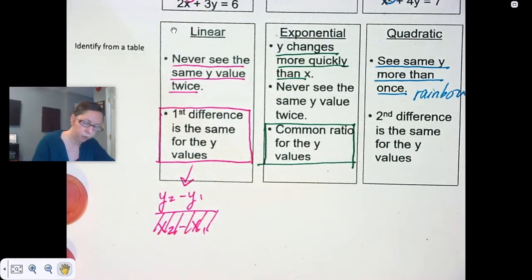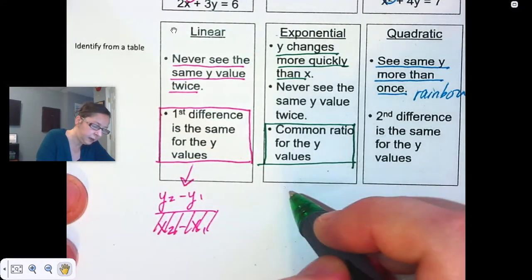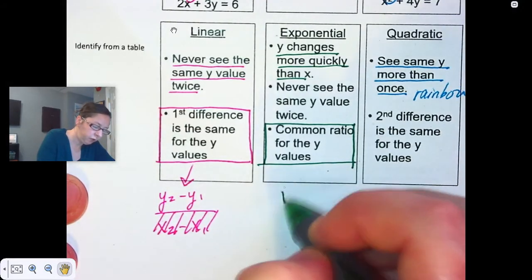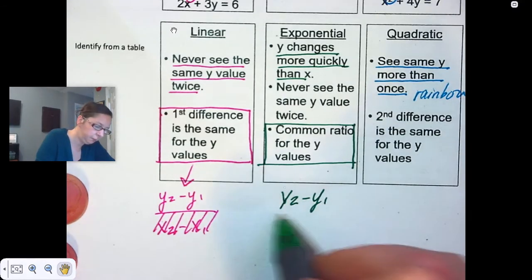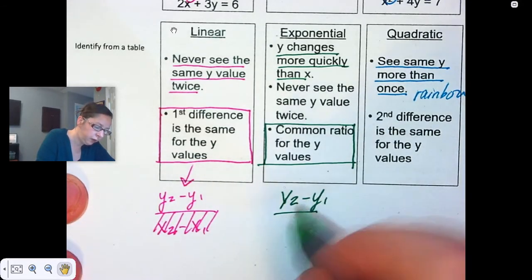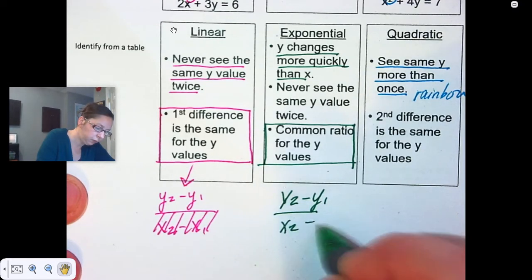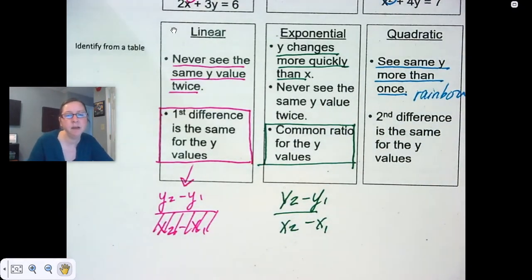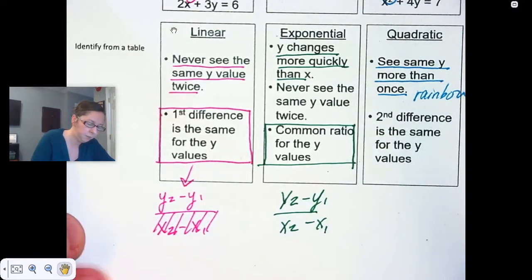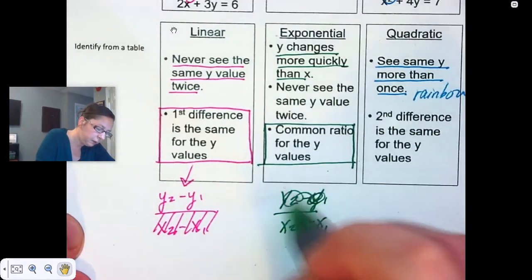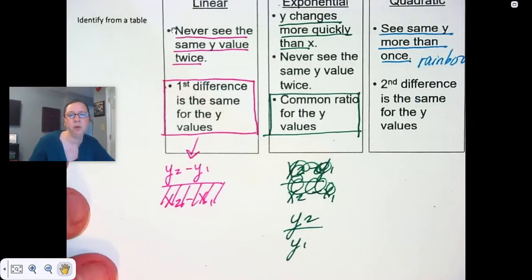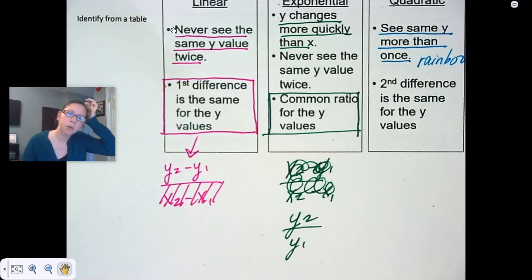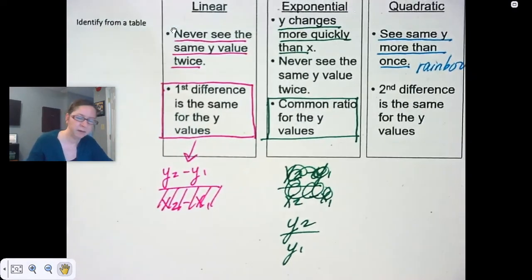When I do a common ratio, I am finding the change in the y values divided by the change in the x values. It's not exactly the same slope, but actually, I apologize, I misspoke. This is going to be y2 divided by y1. That's what we're looking for for our common ratio. Okay? All right, so that's going to tell me exponential.